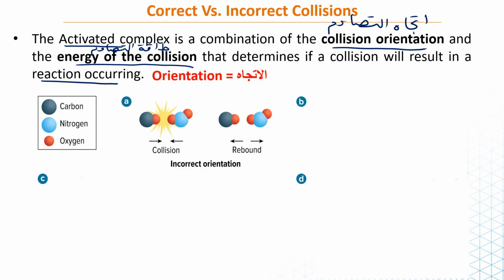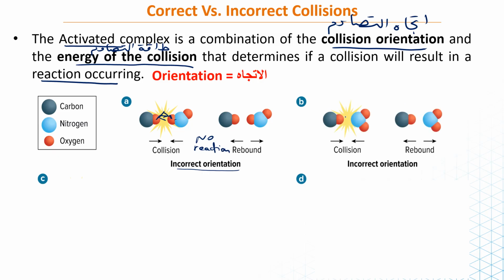Okay? So for example, these are the reactants, right? Look at this red part and this red part. They are going to collide, بيتصادمون. لكن الاتجاه هذا اتجاه خاطئ. So this is incorrect orientation, so no reaction. Okay? Again here, the red with the blue are going to collide.